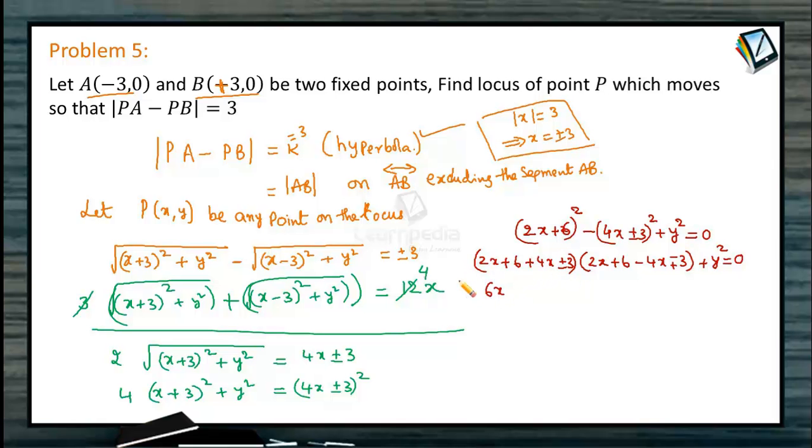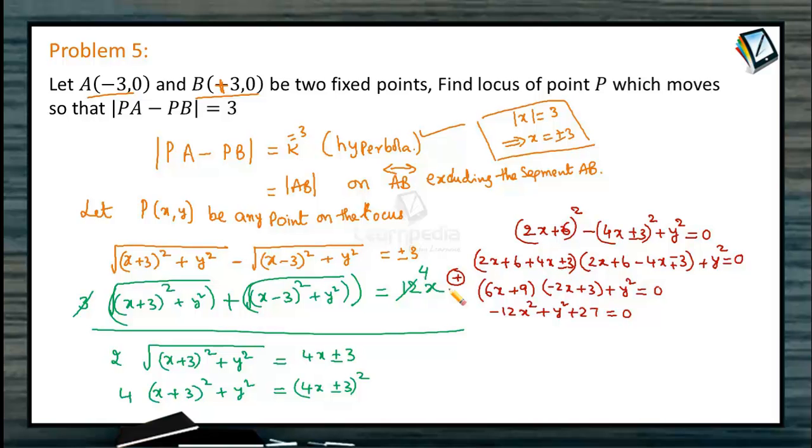If I take plus first, then I have to take minus here. So when I simplify this, (6x + 9)(−2x + 3) + y² is equal to 0, which simplifies to −12x². The cross product terms get cancelled because 18x will get cancelled. So what we have is only the constant term, which is 9 into 3, 27, plus y².